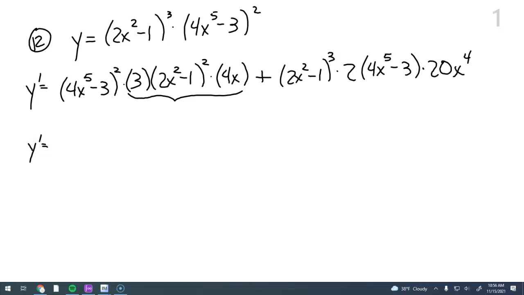So now, I look for my chunks. How many 4x to the 5th minus 3's can I take out? Just 1. And how many 2x squared minus 1's can I take out? 2. Does that make sense, why you can take 1 and 2?